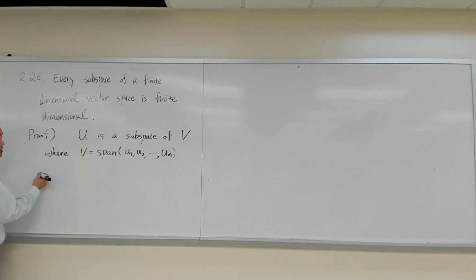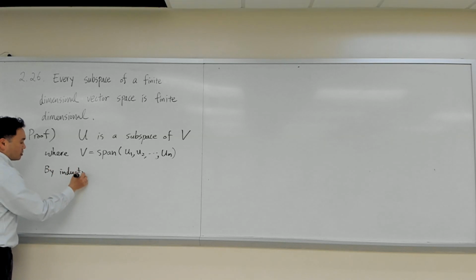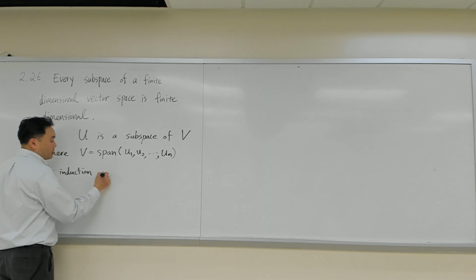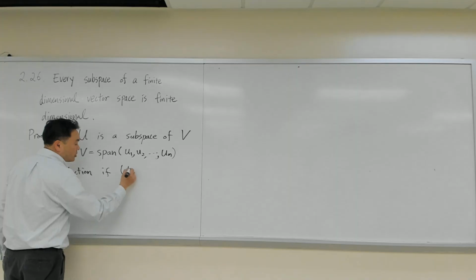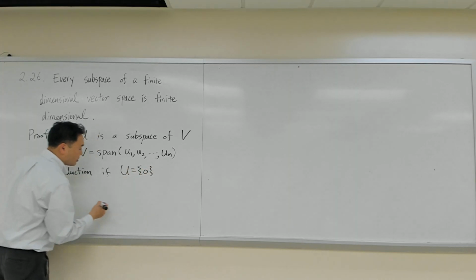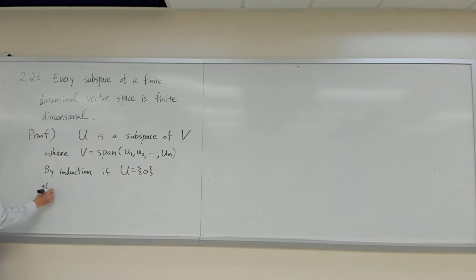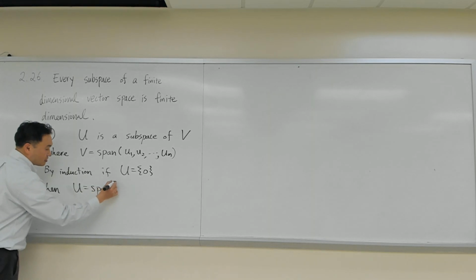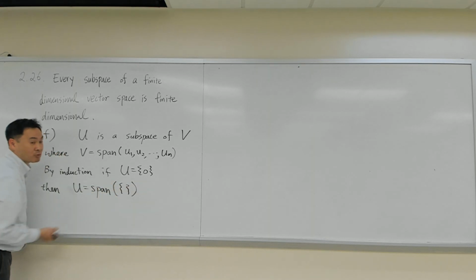All right, so we're going to do it by induction. If U is just a trivial subspace, then U is finite dimensional. U is equal to the span of the empty list, right? That was our convention, right?